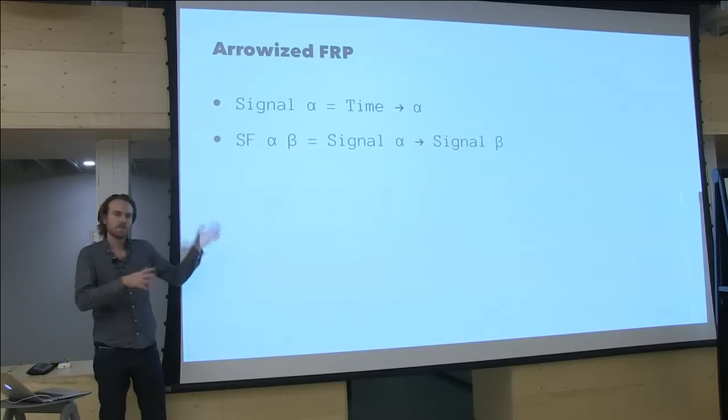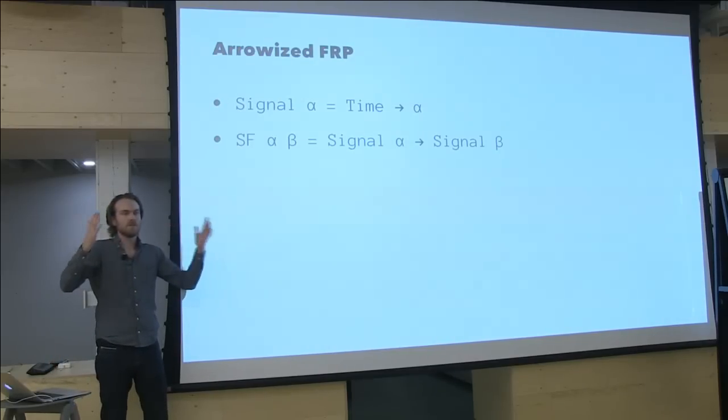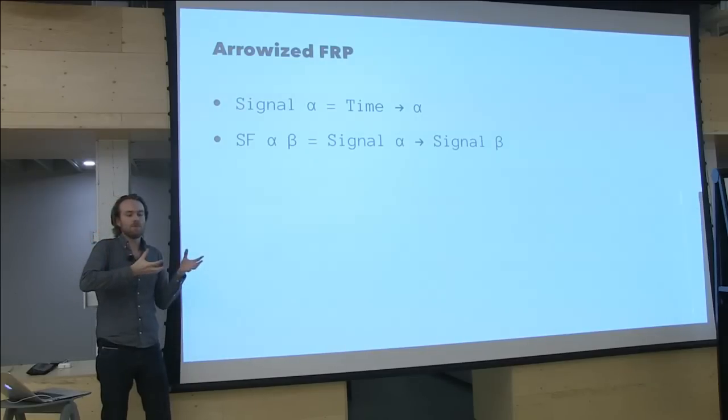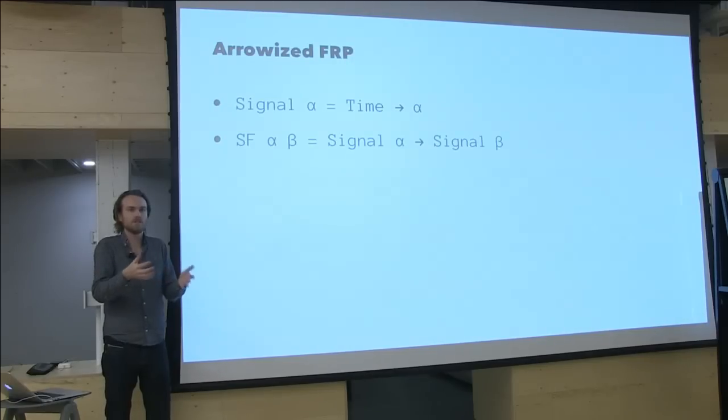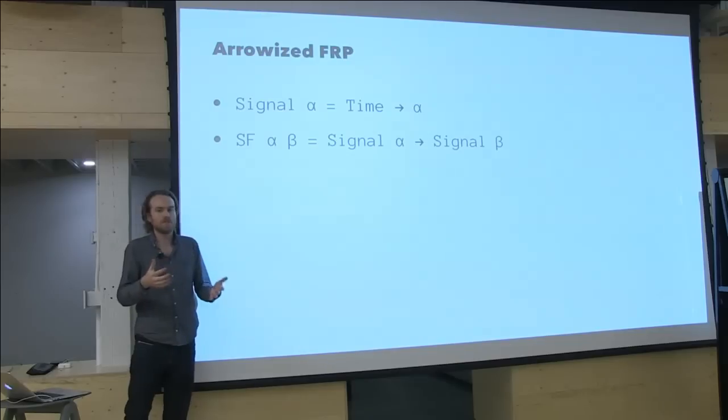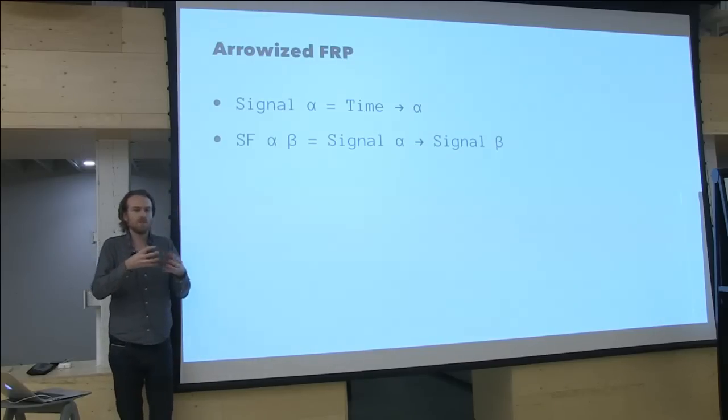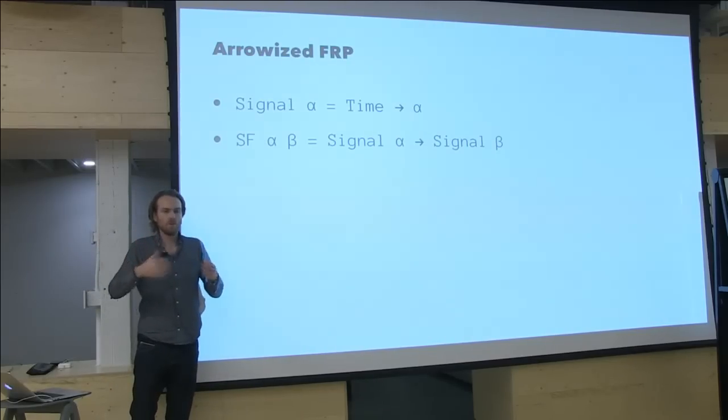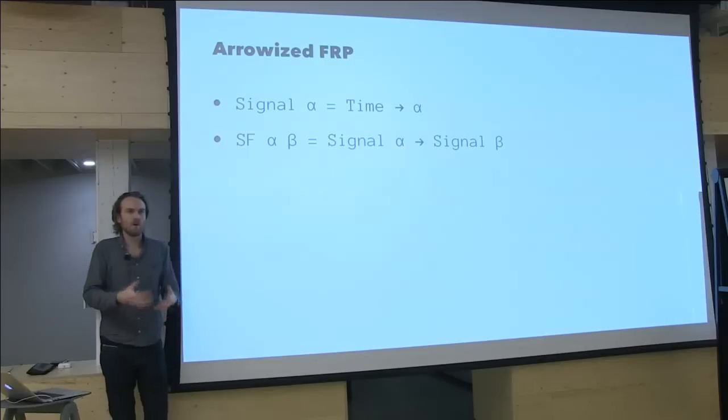One of the things about these models is that event-driven FRP ended up getting away from truly continuous signals, because continuous signals aren't really well defined in terms of how you deal with implementing them on computer hardware.